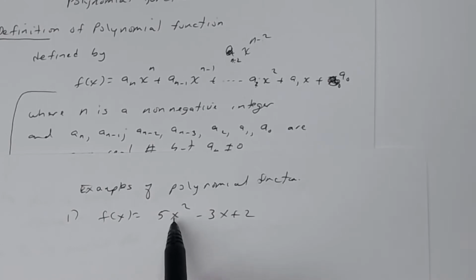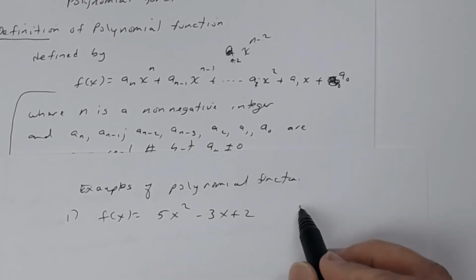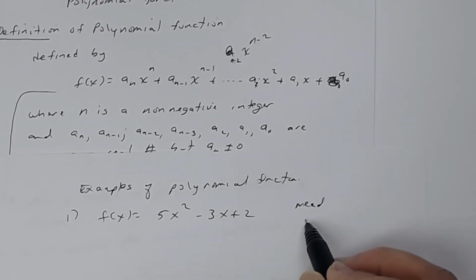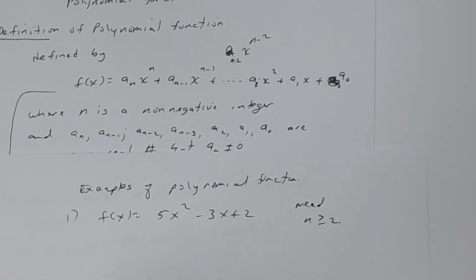But you do have to have a polynomial where your largest exponent is 1 or above. Okay. Now, in a little while, though, remember we talked about smooth curves, so we need this to be greater than or equal to 2. So we're going to need n to be greater than or equal to 2. Okay. All right. And then notice that the coefficients of your terms are any real number.